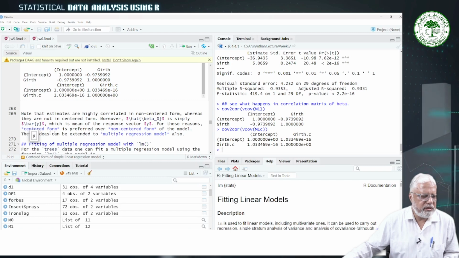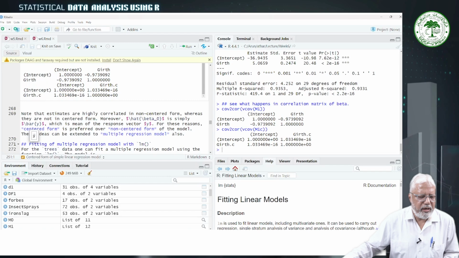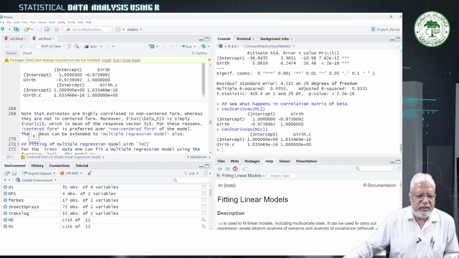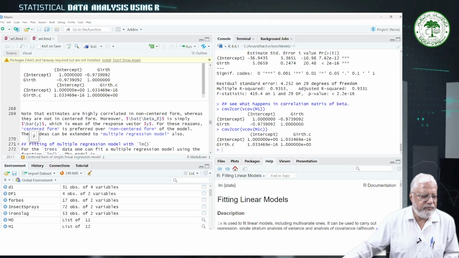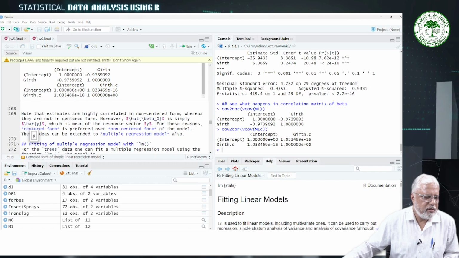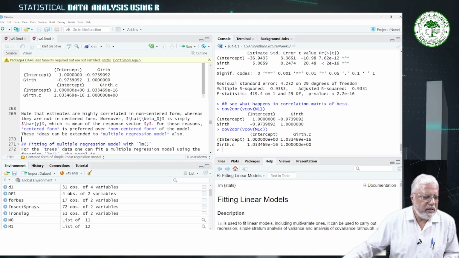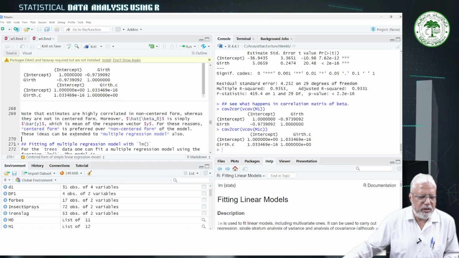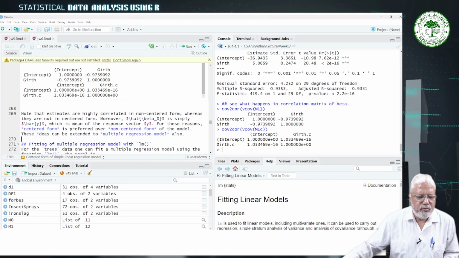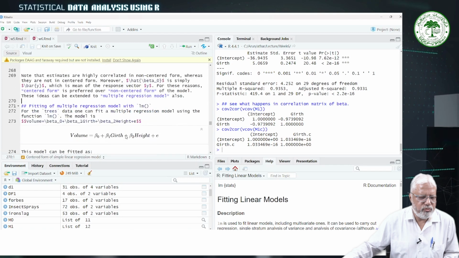For these reasons, centered form is preferred over non-centered form of model fitting. These ideas can be extended to fit multiple regression model also.